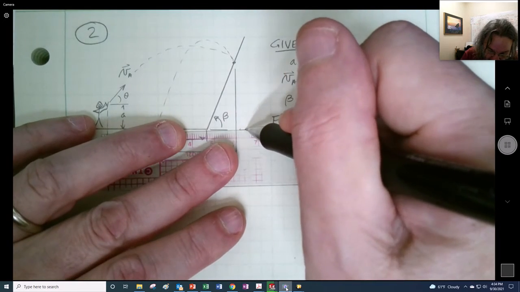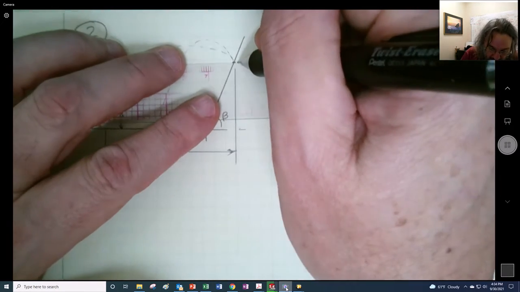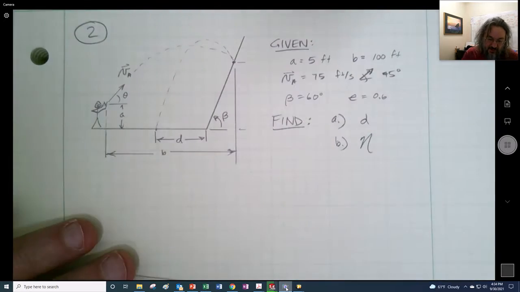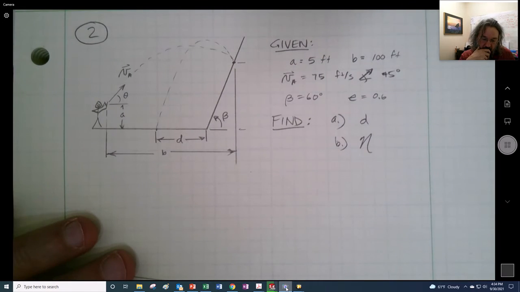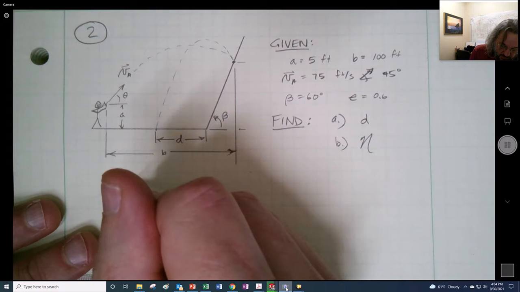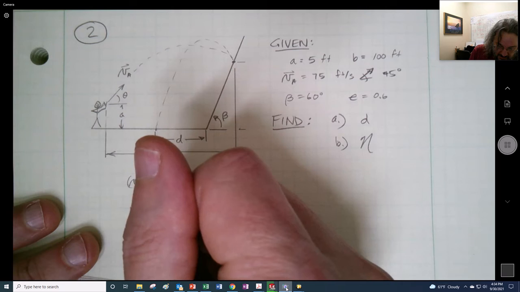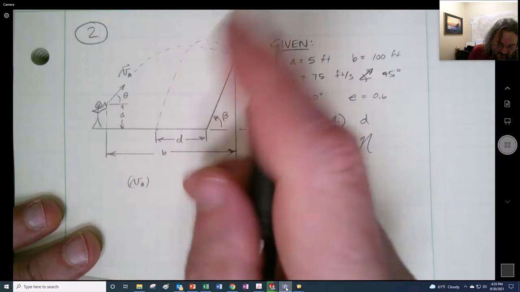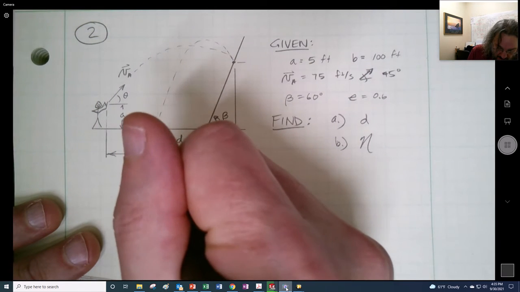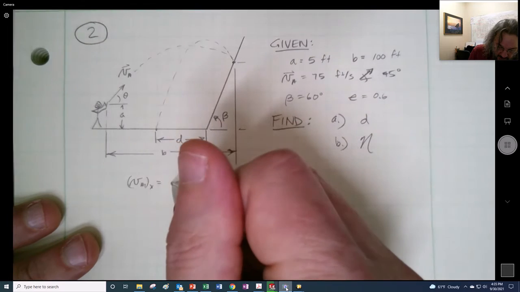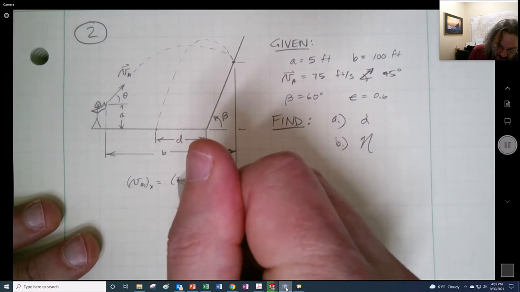So if we have the initial velocity, let's break it into components. VA1, maybe. X is going to be our 75.